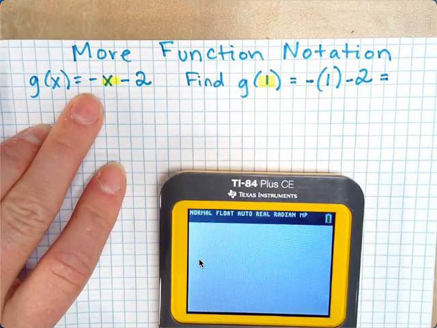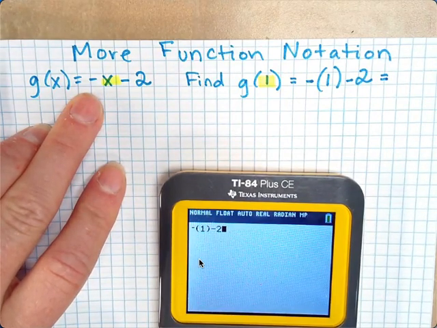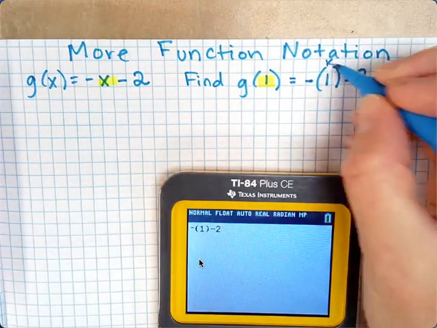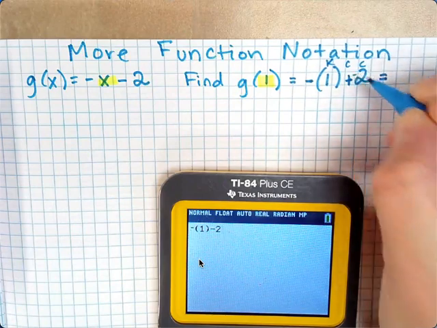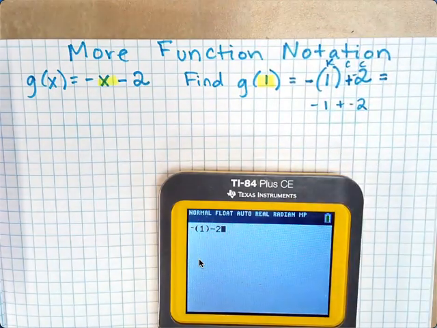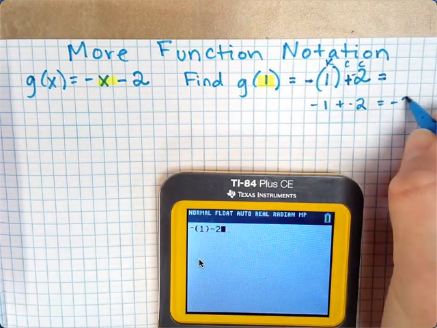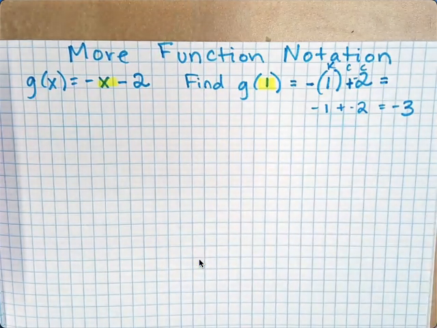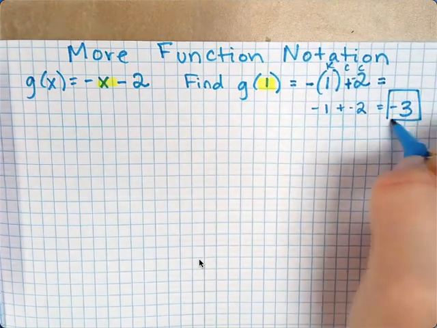Negative 1 minus 2, you keep change. Well, if I keep change, it'll be negative 1 plus negative 2. That'll still equal negative 3. The only time they mark out is if it's minus a negative. But this isn't minus a negative. Okay, so negative 3 is the solution there.